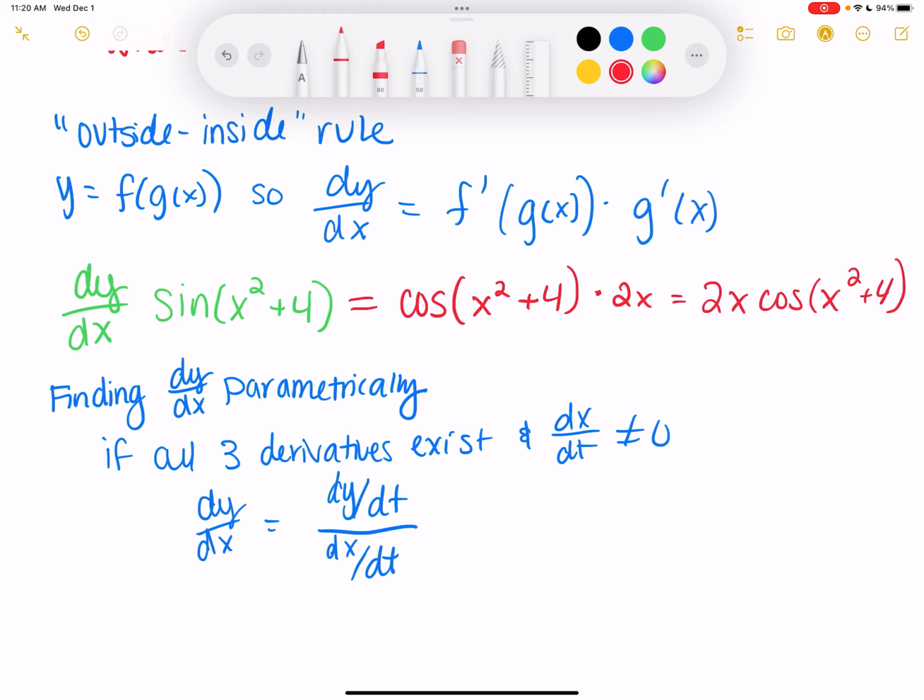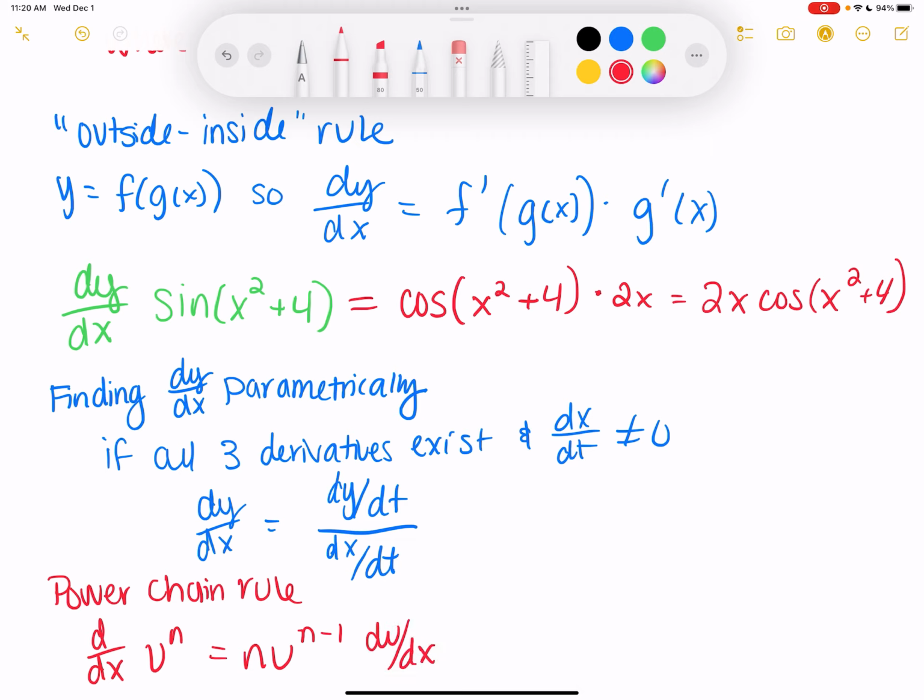And then the last note here is the power chain rule. It says d dx of u to the n is equal to n u to the n minus 1 du dx.